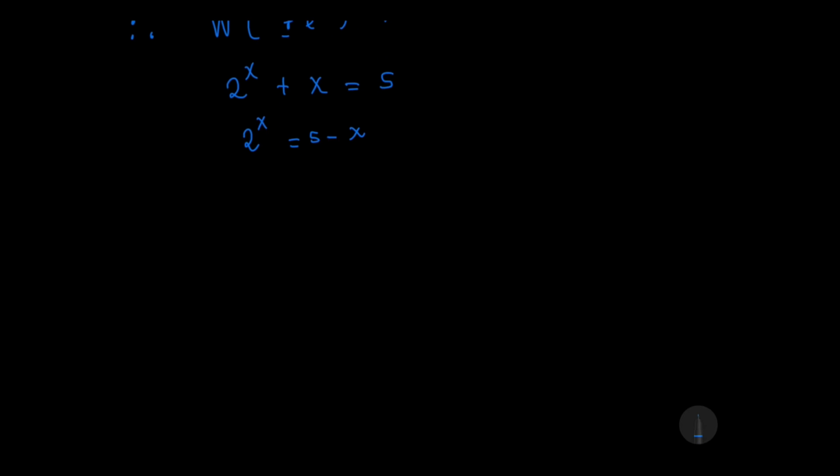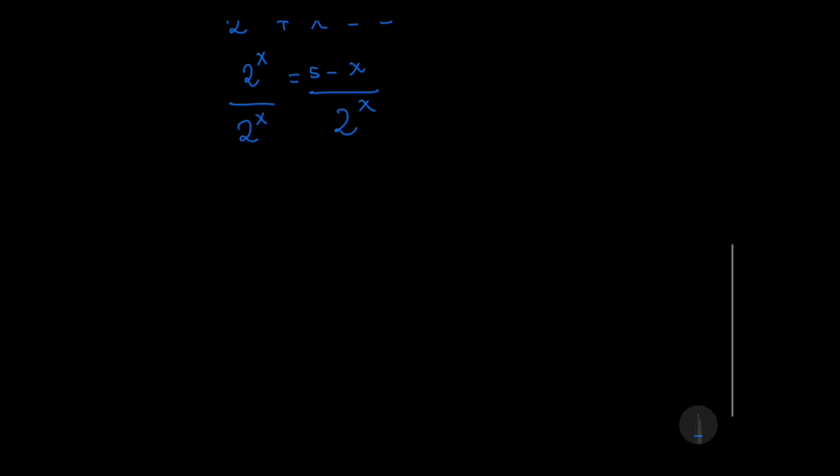Now we have to divide both sides by 2 to the power x. We'll have 1 equals 5 minus x over 2 to the power x. We know that 1 divided by 2 to the power x is just 2 to the power negative x.